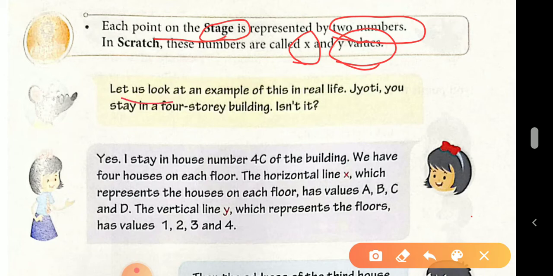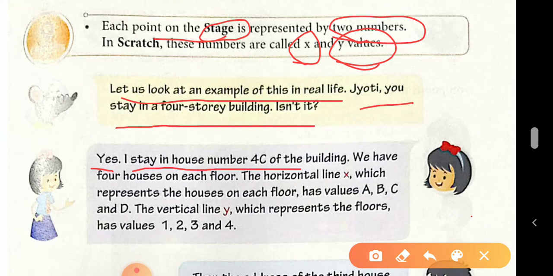Let us look at an example of this in real life. Jyoti, you stay in a 4-story building, isn't it? Yes, I stay in house number 4C of the building.